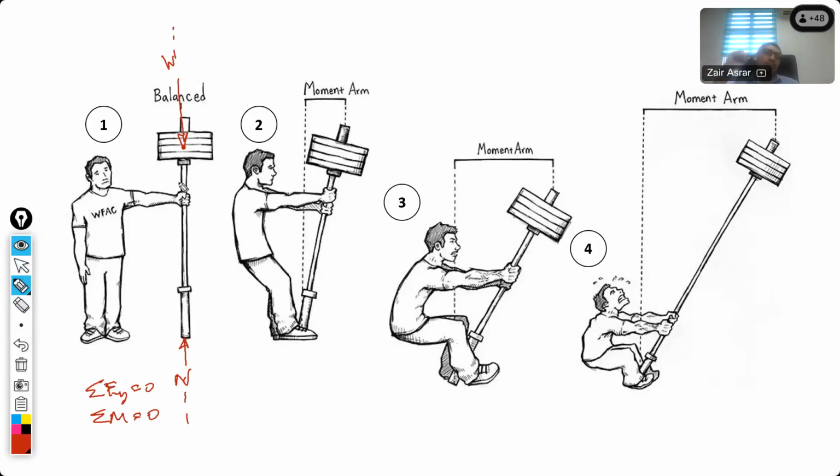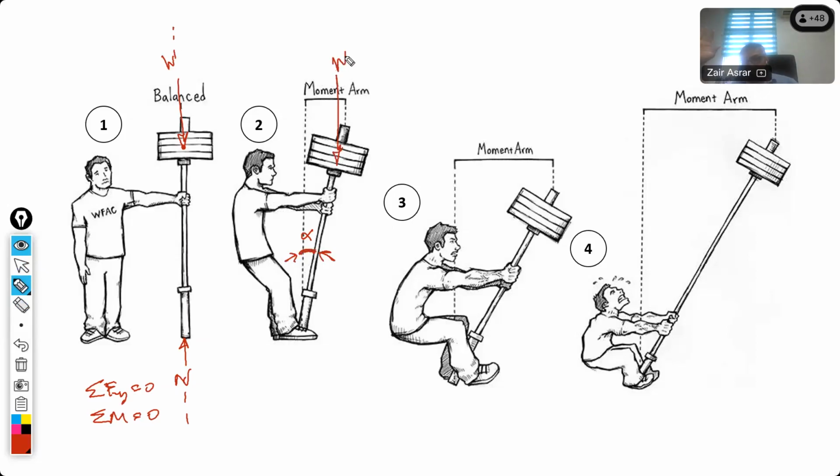In the second case, what happened here is the guy allows the pole to have some angle. So in this case, we have a certain angle here, let's say alpha. Due to this angle, what will happen to the weight? The weight stays the same.